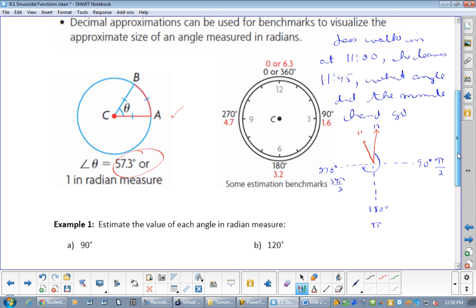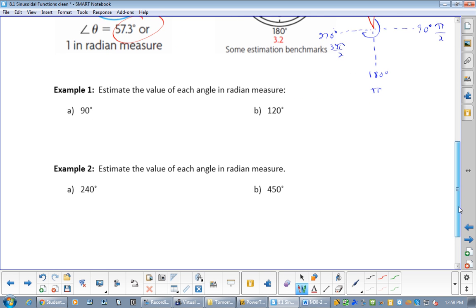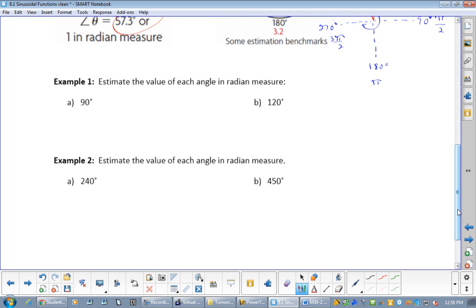Now, here's the kind of thing we're going to be working on today: let's change from degrees to radians. You already know the answer to this one because we've done it a couple of times, but I'm going to show you how this works. When you're converting from degrees to radians, we multiply by pi over 180.